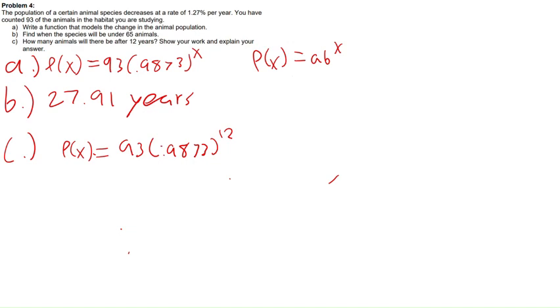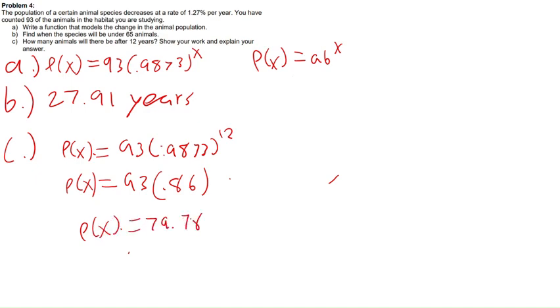Now if we solve that, 0.9873 to the power of 12 equals about 0.86. And so 0.86 times 93 would equal 79.78. So that's how many animals.